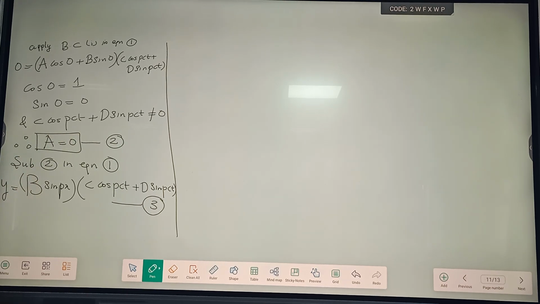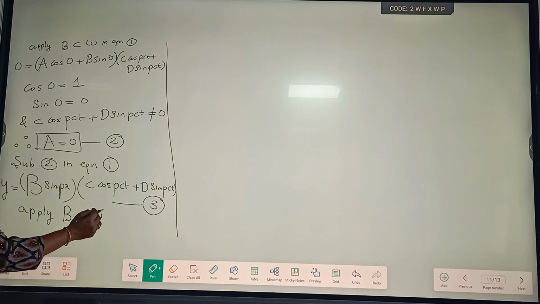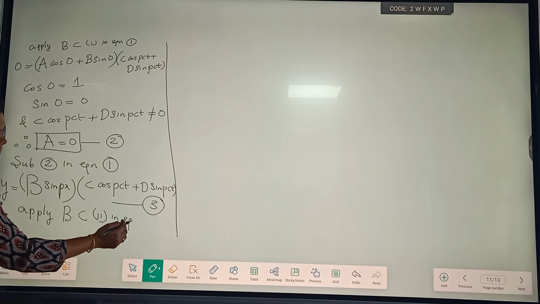Now we have to concentrate on the other constants. Apply boundary condition 2 in equation 3.